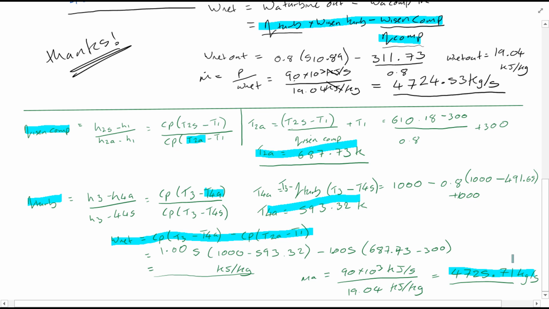Again, due to rounding, that's why you see that slight variation. I just wanted to show you that in case any of you had tried that method originally, but I'd recommend you use this equation here because it's faster.